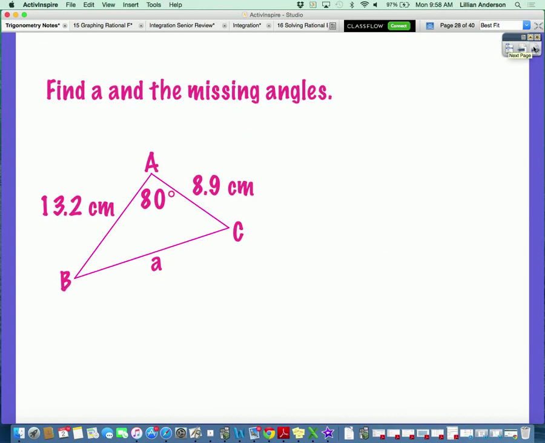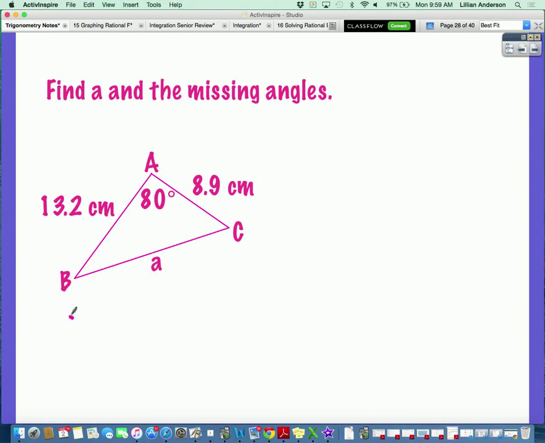Find A and the missing angles. So we have this triangle here. Remember, sine and cosine rules are used when you don't have a right triangle. So we want to find A first.